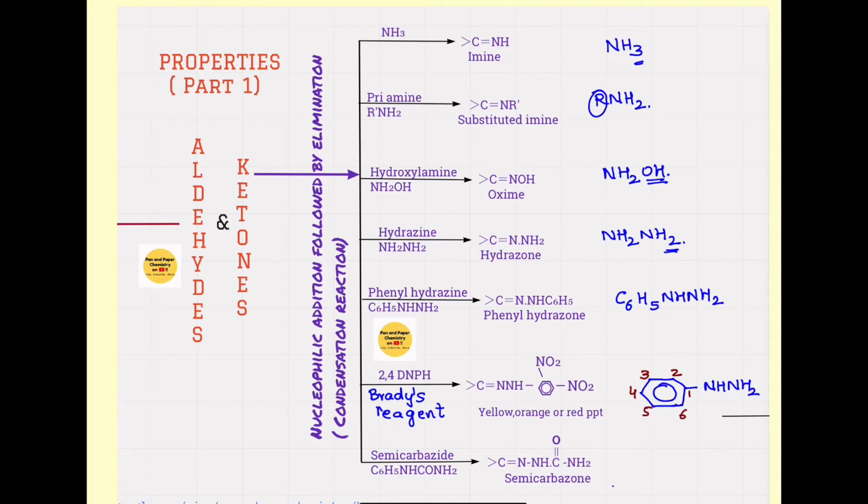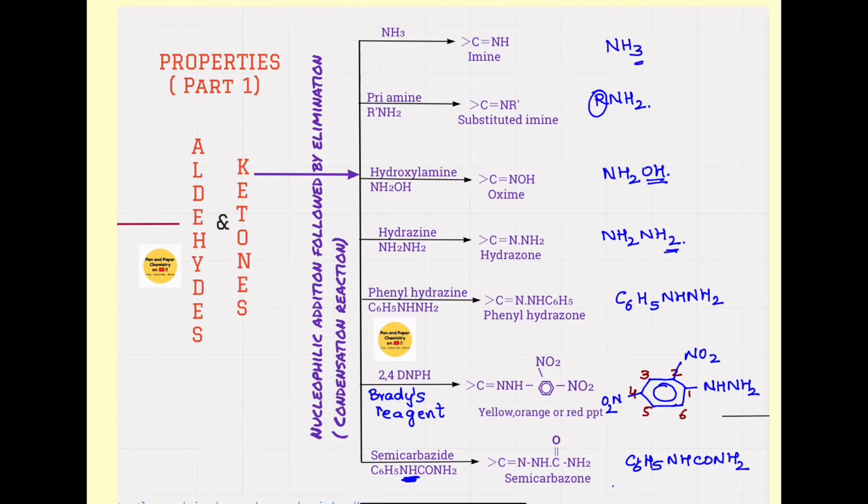So at the second position you have a nitro group, and at the fourth position you have a nitro group, and you have the Brady's reagent. That means 2,4-dinitrophenylhydrazine. Semicarbazide is again taken from the urea. So you can take it as a phenyl derivative of urea. We will have it as C6H5NHCONHNH2, semicarbazide.